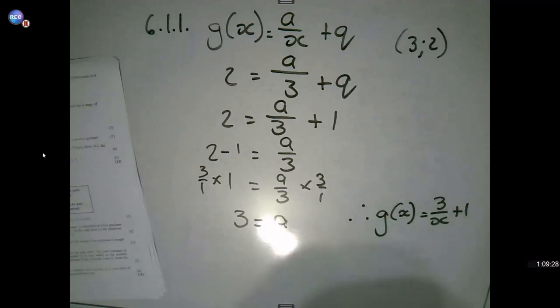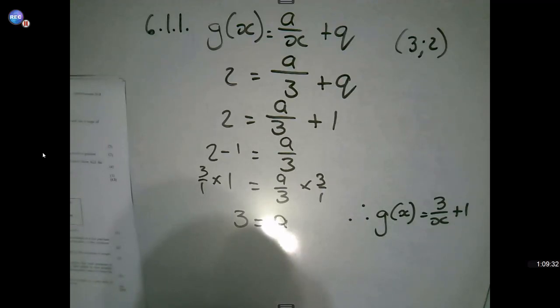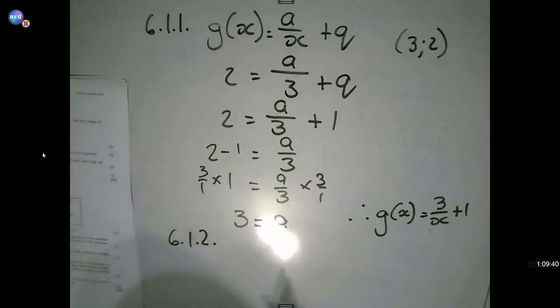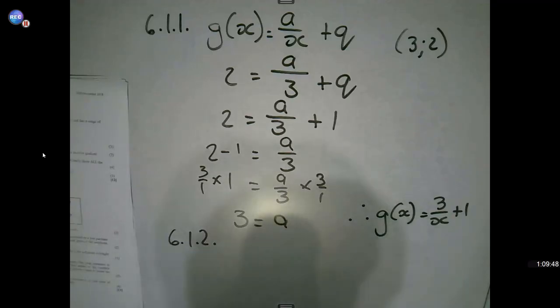There's your equation. Now they say that for 6.1.2, you need to determine the equation of h, the axis of symmetry of G, which has a positive gradient.